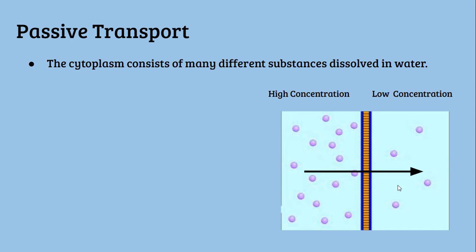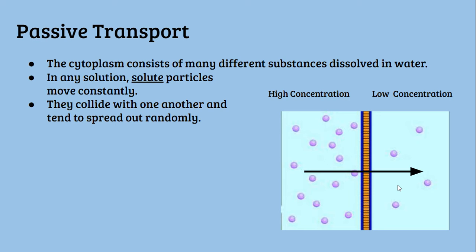Now, the first type of transport we're going to discuss is called passive transport. We know that the cytoplasm of the cell consists of many different substances dissolved in water that are constantly moving around in the cell. In this solution, solute particles are moving constantly. They collide with one another and spread out randomly.